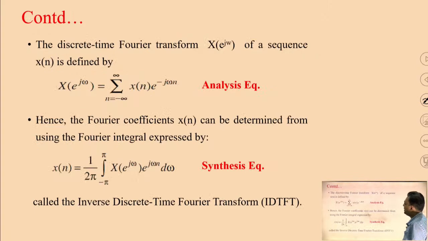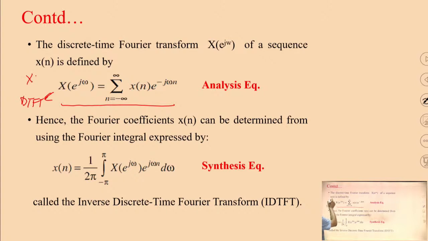Another important thing is that when we see the expression for DTFT, it is generally represented by capital X of e to the power j omega. This is the representation of DTFT. It is not hard and fast that we always have to use this particular X(e to the power j omega) expression. We can also write it like X(j omega) or X(omega), as in the case of CTFT. So how do we differentiate between DTFT and CTFT? By two things.